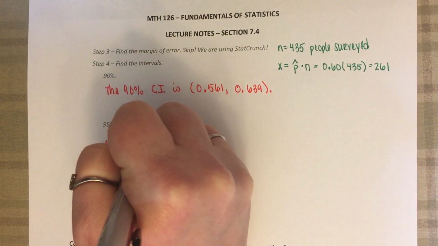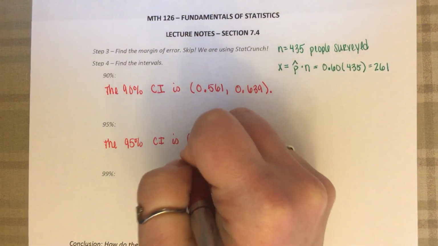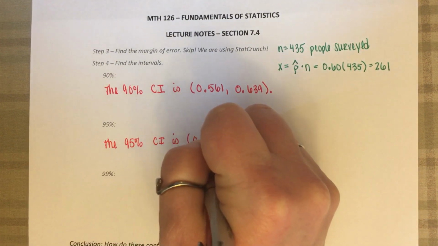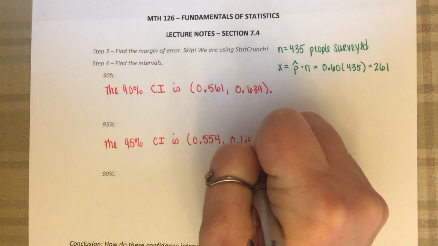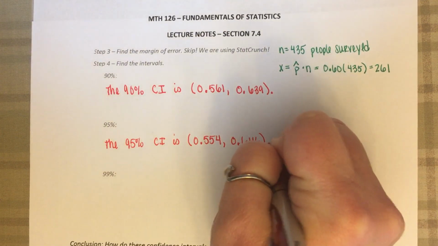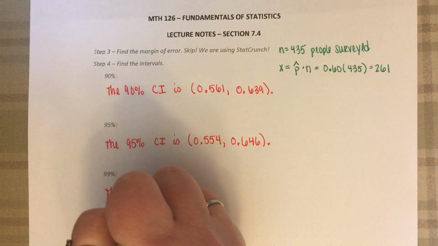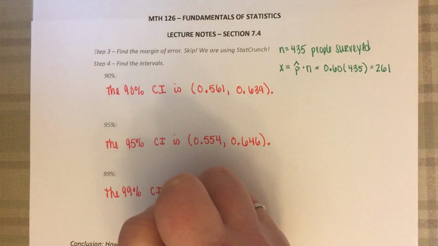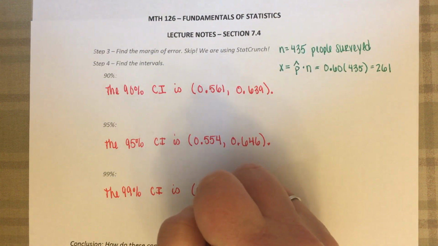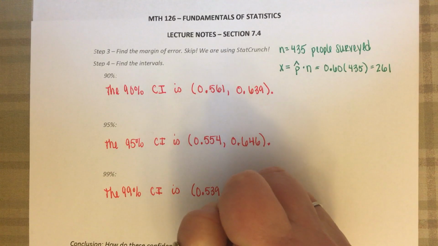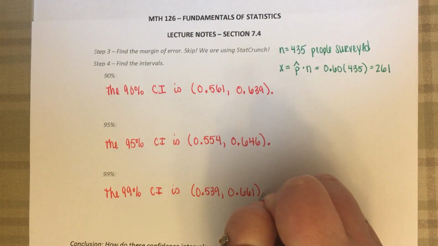The 95% confidence interval is 0.554 to 0.646, and the 99% confidence interval is 0.539 to 0.661.